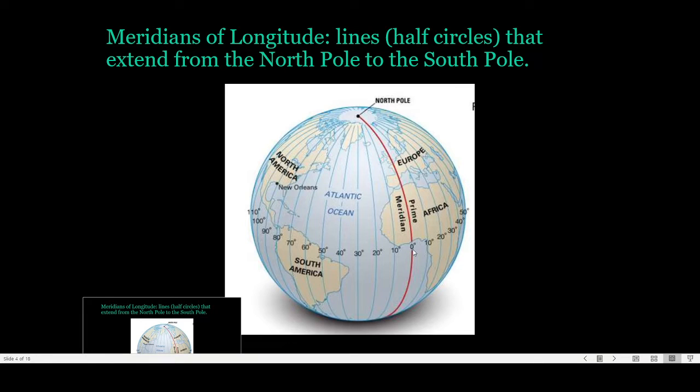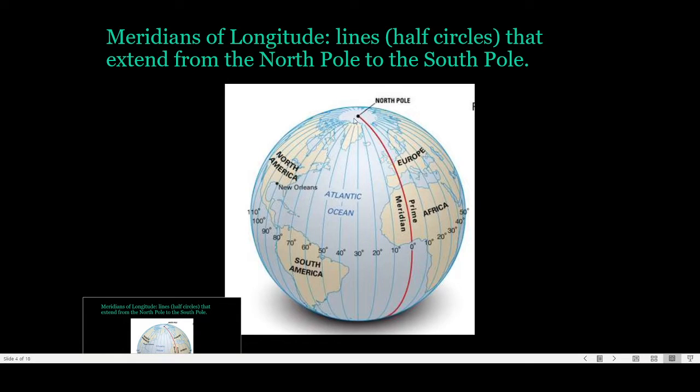Everything on the left side of the prime meridian is designated west. All meridians are designated west to the left of the prime meridian, and all meridians are designated east on the right side of the prime meridian.